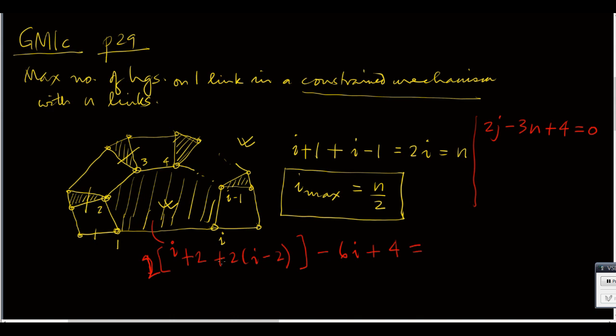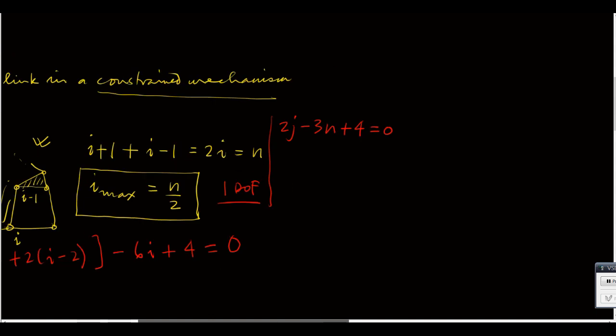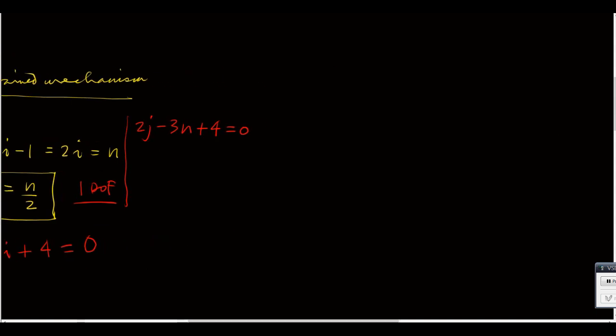And then here 2I and an I, that's 3I and 2, 3I and 2, 6I minus 6I, so that is 0. So this has 1 degree of freedom, which we intuitively knew when we drew this picture. Okay, so that's the first part. We have I max is n by 2. That's an interesting conclusion.